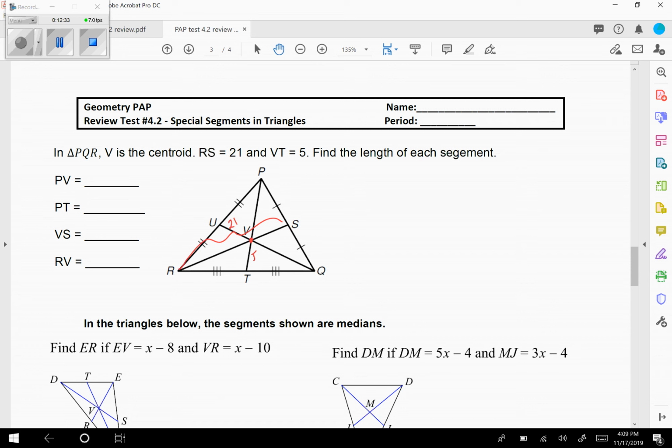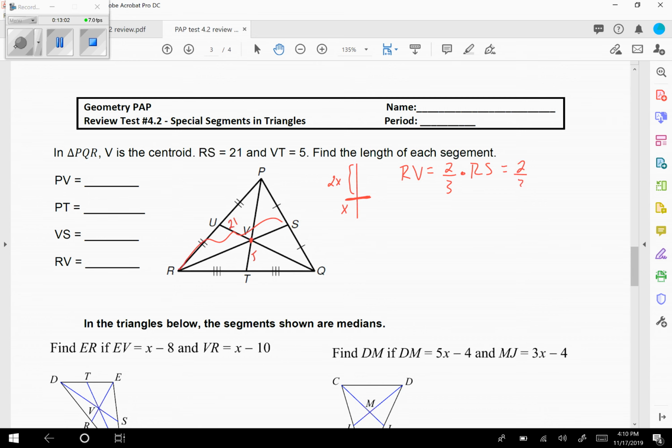Okay. So remember, medians, they split. Here's your median, and here's the point of concurrency. This is like 2x, and this is x. And so the whole line is 3x. So basically what we have to do to find RV, it's 2/3 times RS.